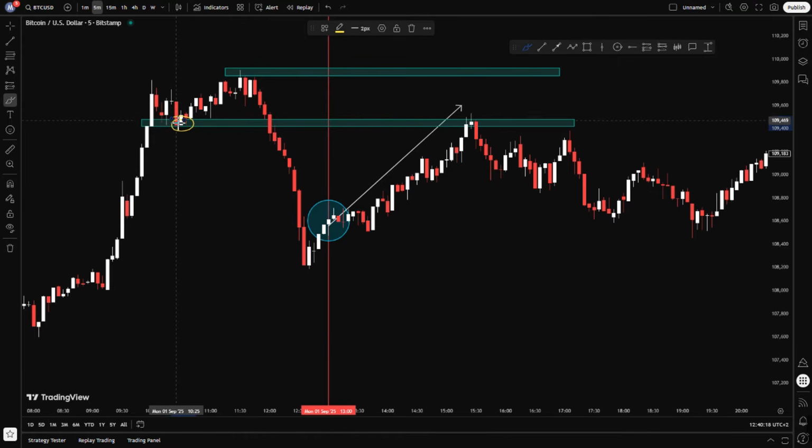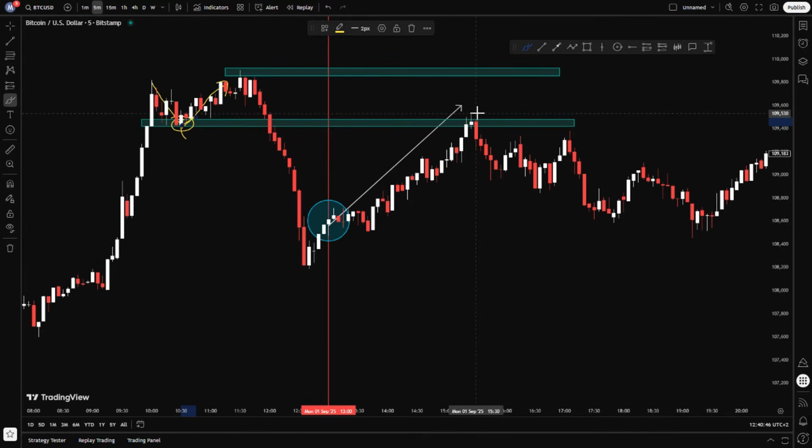We see that price failed to break below here and then pushed to the upside, okay? So what does this mean? This means that this is a support. Price came down, failed to push below this line, therefore making it a support zone, all right? And then we see that it pushed price to the upside and then dropped again.